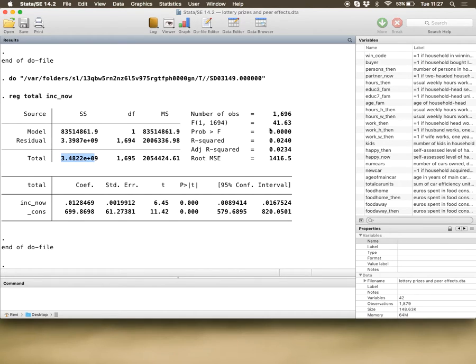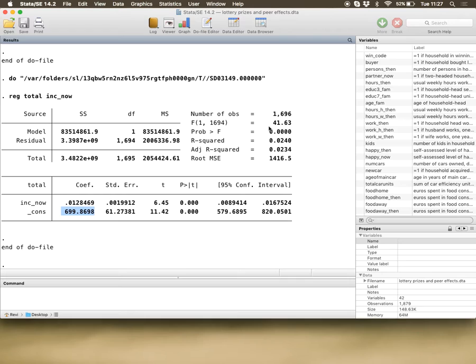This bit here, the F-test, is testing the hypothesis, and we will see this later in the course, that both these coefficients, the beta 1 and the beta 0, are simultaneously equal to 0. Okay? And this high value of the F-test is telling me that it's very unlikely for that to be the case.